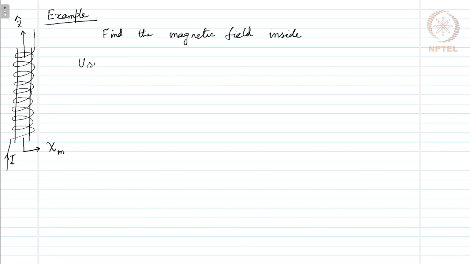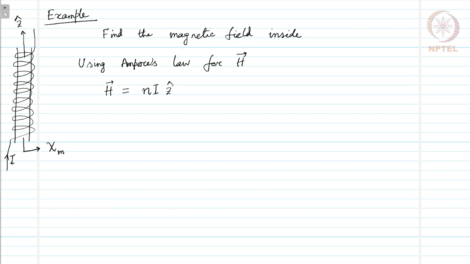Using Ampere's law for the H field, we can easily find the expression for H as n, the number of turns per unit length, times the current I, and this field is along the z direction.